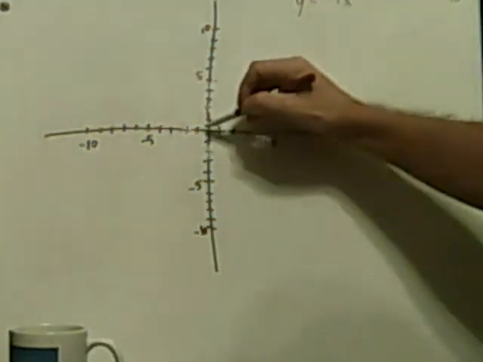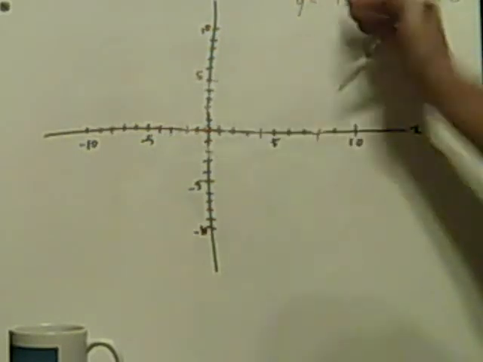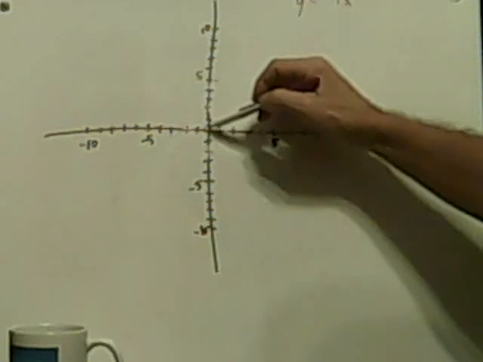Number 26. y is equal to negative 4x. Okay, this is an interesting one. If we put x equal to 0, then y is equal to 0. If we put y equal to 0 and solve that, we'll get x equal to 0. This is the form of an equation that goes through the origin.